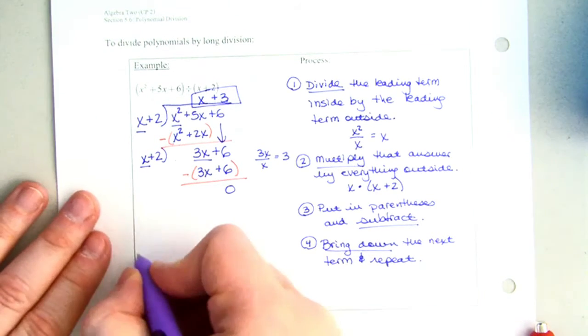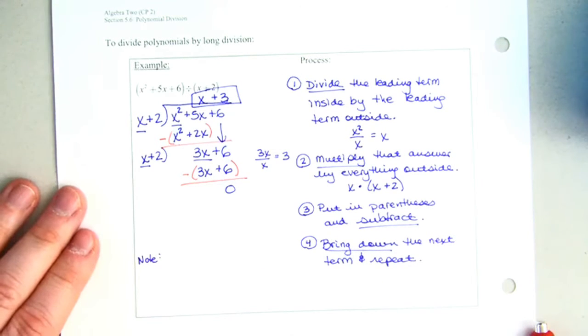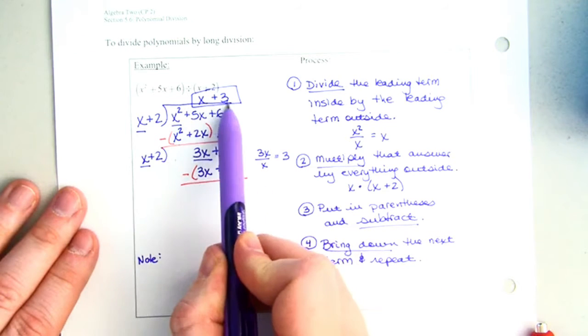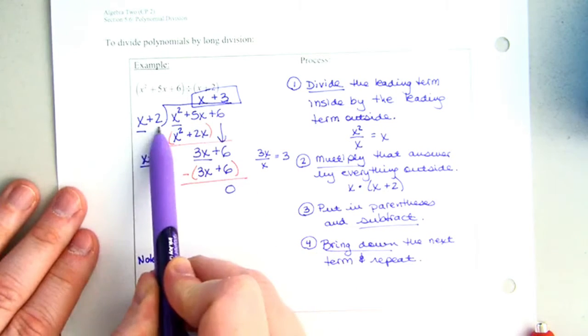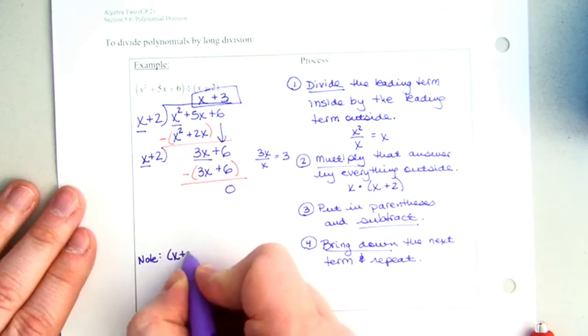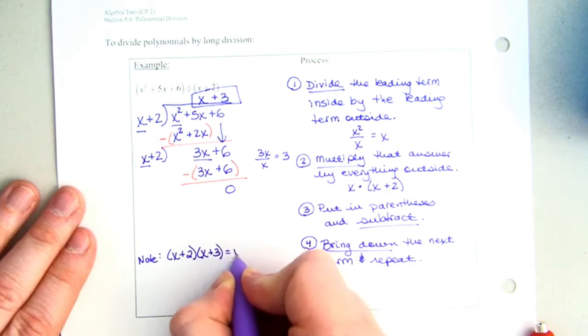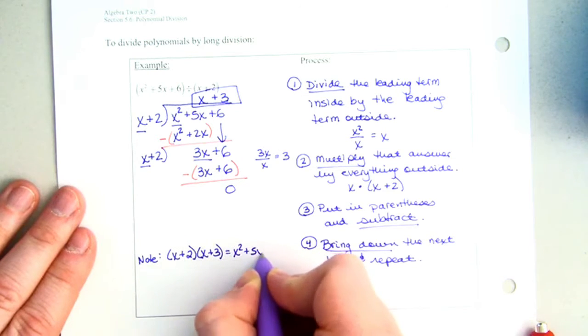By the way, I want to note something. If you were to do this in reverse, if you were to multiply x plus 3 times x plus 2, you'd get your original problem back: x squared plus 5x plus 6.